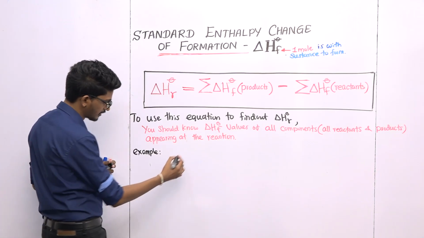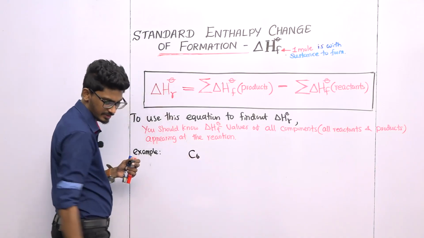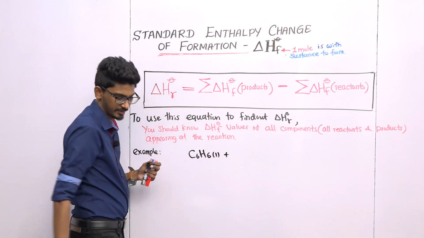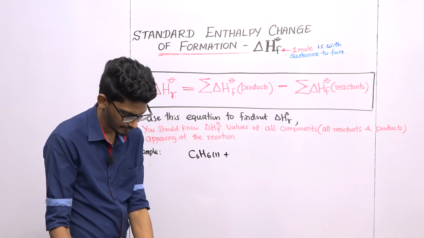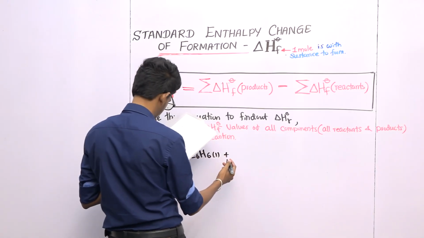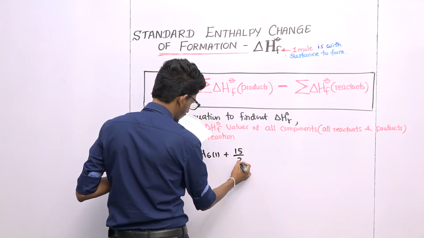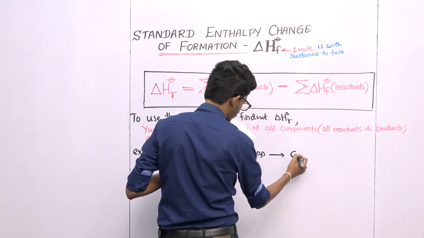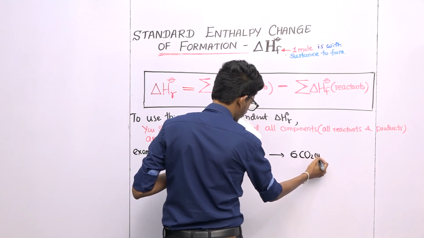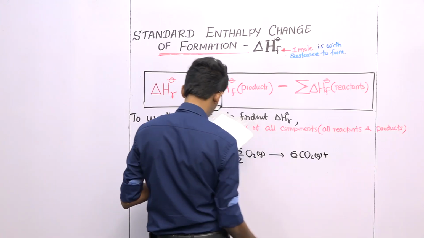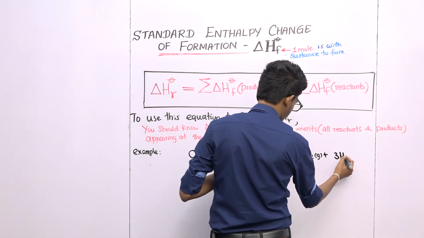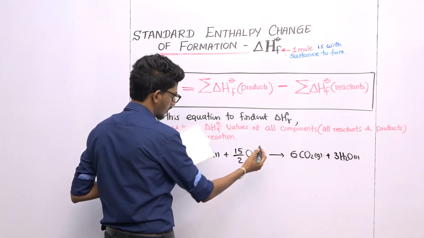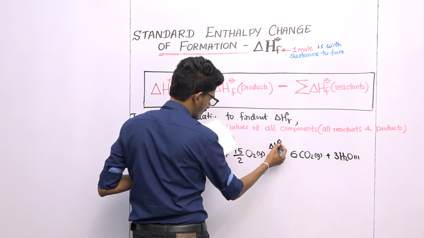We have to study this equation: C6H6 liquid plus 15/2 O2 gas giving you 6 CO2 gas plus 3 H2O liquid. You are supposed to come up with the delta H naught R for this reaction.